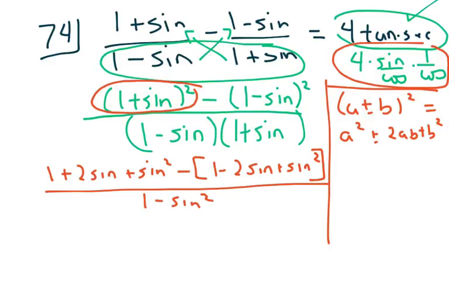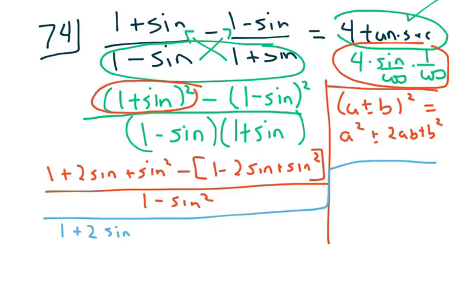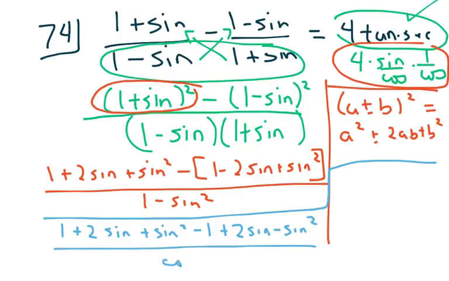Now, I'm going to try to get this all on this page here. So we get 1 plus 2 sine plus sine squared minus 1 plus 2 sine minus sine squared, all over, and I'm going to write this as cosine squared. And the reason I'm writing this as cosine squared is because I come back over here and notice I have a cosine squared here.